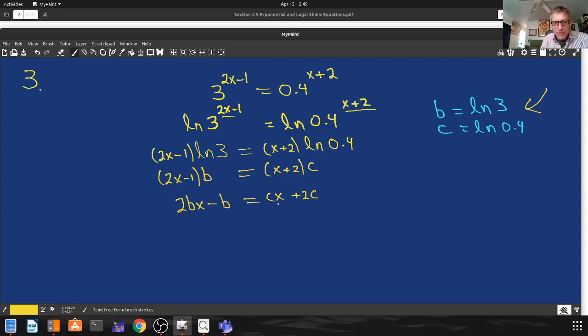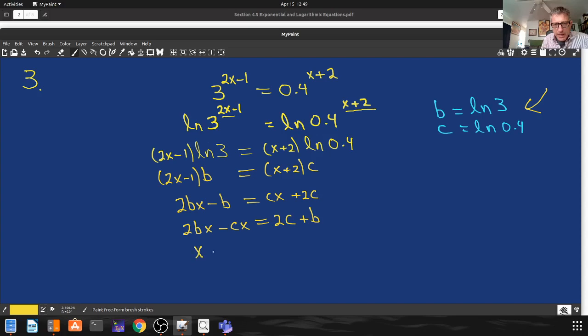So what I want is all of my terms with x on one side and all of my other terms on the other. So that's going to give me 2bx minus cx, since I moved the cx to the other side. Now I'm going to move the minus b to the right hand side, so I get 2c plus b. Now I want to pull out the greatest common factor, which is using distribution.